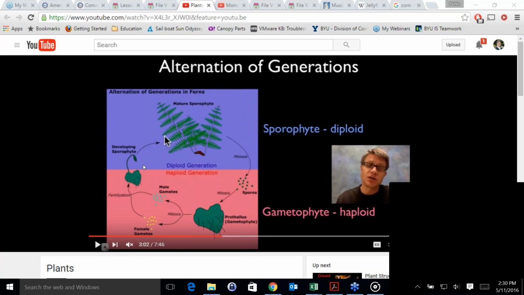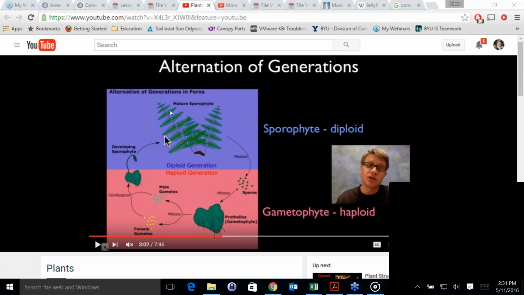Yes. So the ferns, and Patrick points out the ferns are one of the examples where we see this alternation of generations well pronounced. The idea is that the diploid cells, meaning that each cell has 2 copies of each chromosome, reproduce and produce a plant, and that is the fern that we normally see. These plants then produce the spores. That is why it's called the sporophyte.